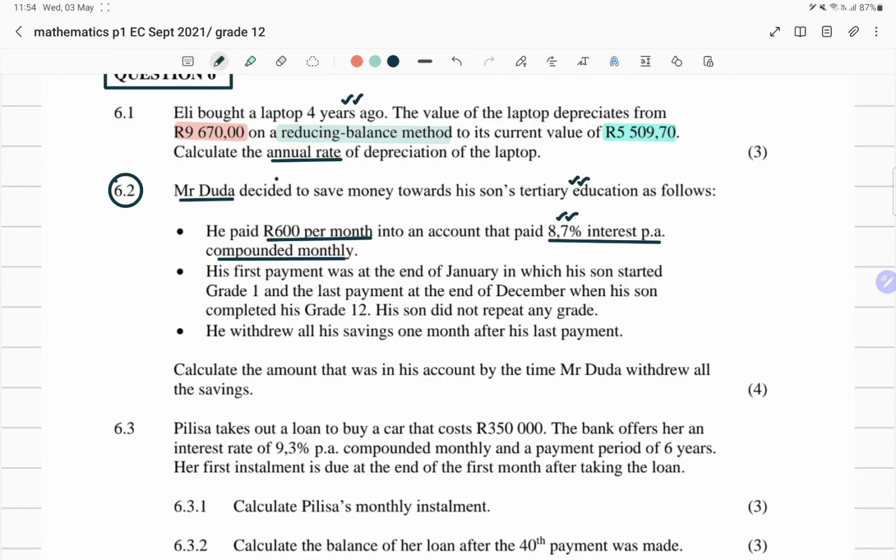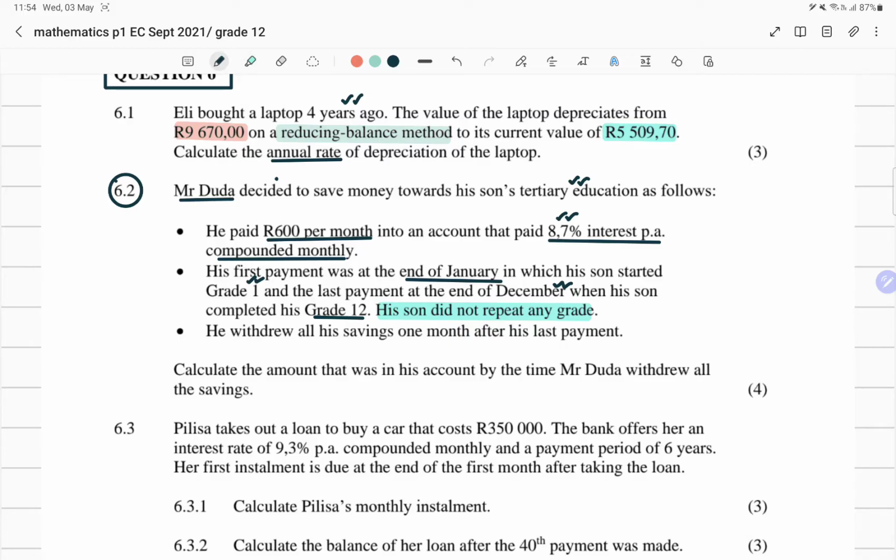It's important. Now his first payment was made at the end of January, in which his son started grade 1. And the last payment was made at the end of December, when his son completed grade 12. Okay? His son did not repeat any grade, so he was a genius, eh?